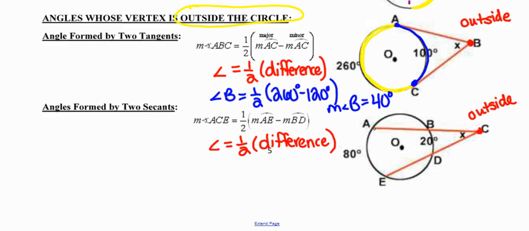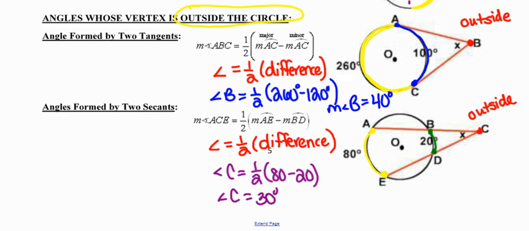So in this case, again, it would be arc AE and arc BD. So the degree measure of angle C would be equal to half of 80 minus 20, or half of 60, making the degree measure of angle C 30 degrees.